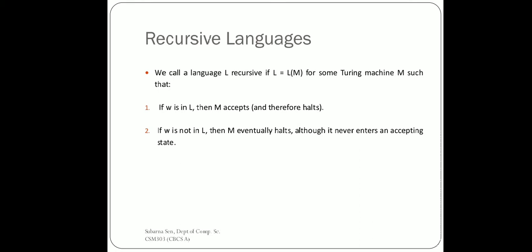If W is in L, then M accepts. So if W is a string of the language which my Turing machine accepts, the string gets accepted, and since it moves to the accepting state, it halts. But if W is not in L, M eventually halts, although it never enters an accepting state.